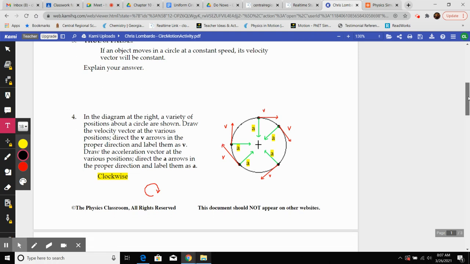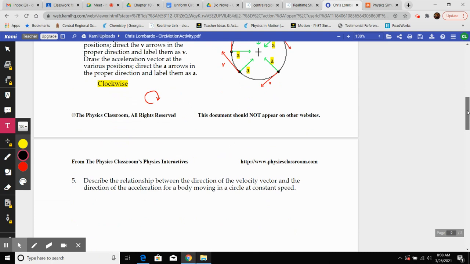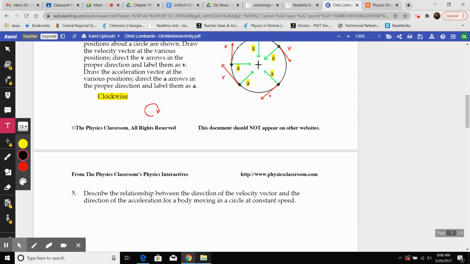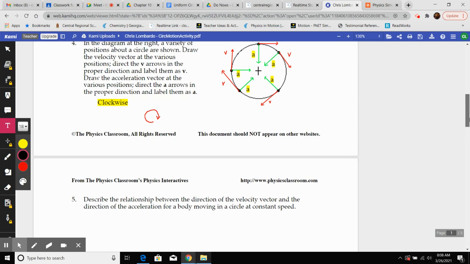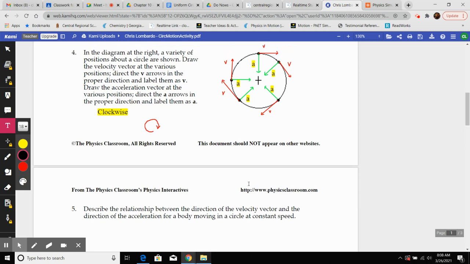So leaving 4, let's move on to number 5. Describe the relationship between the direction of the velocity vector and the direction of the acceleration for a body moving in a circle at a constant speed. So what is the relationship between the direction of the velocity vectors and the acceleration vectors?